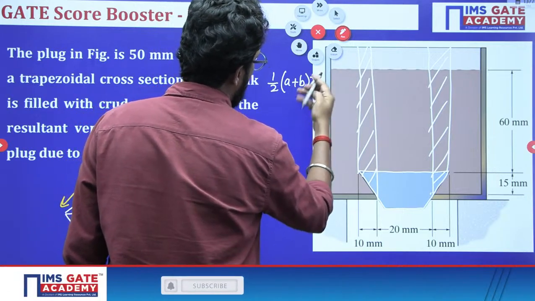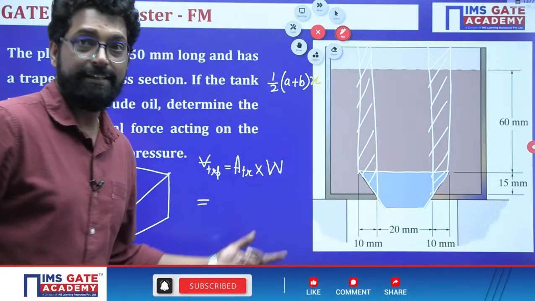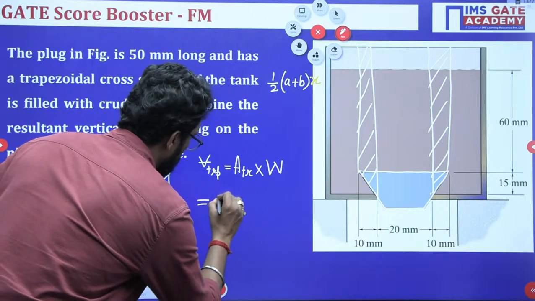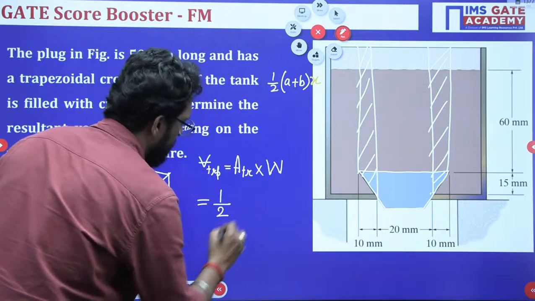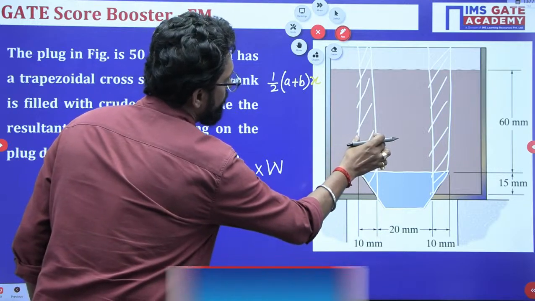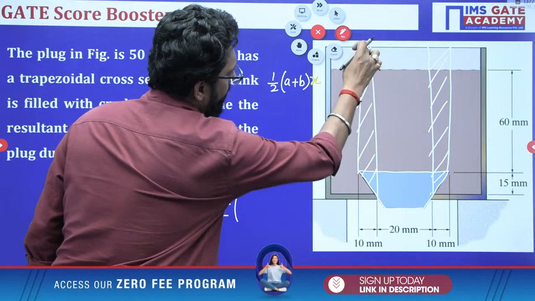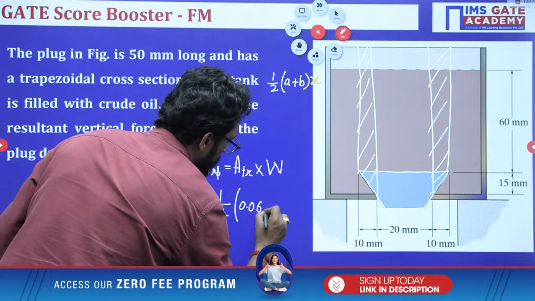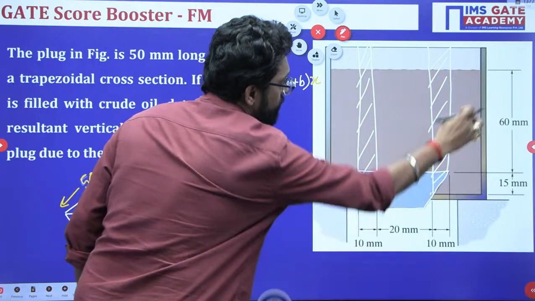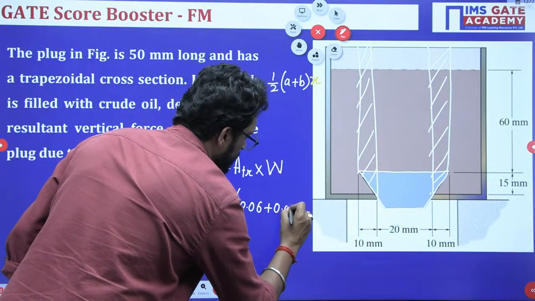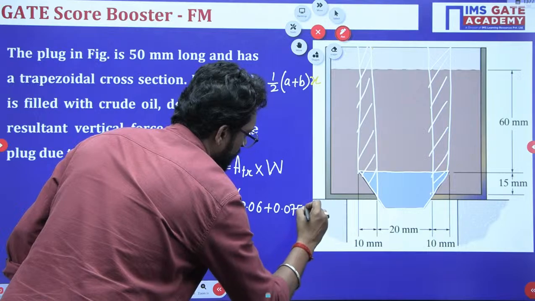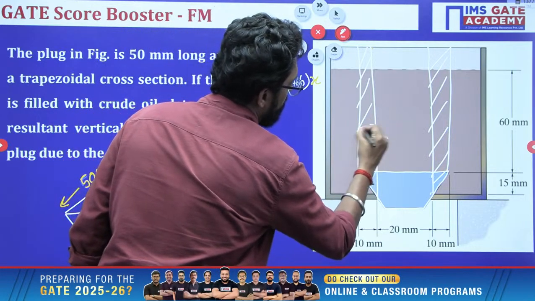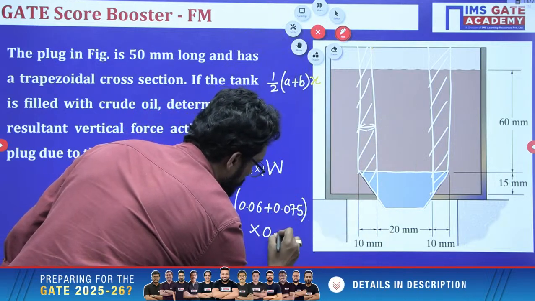So the area is half into 0.06 plus 0.075, into this distance, which is 0.01.